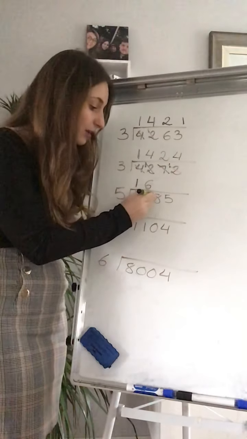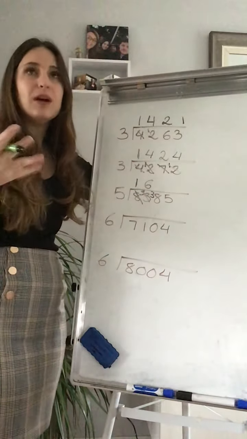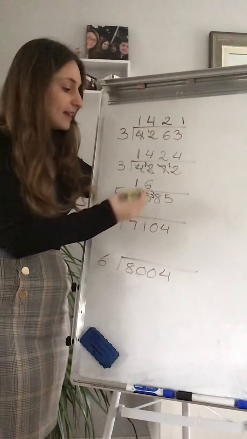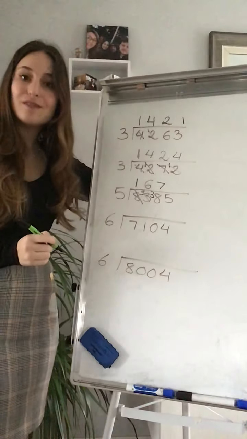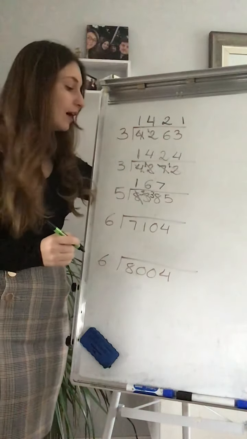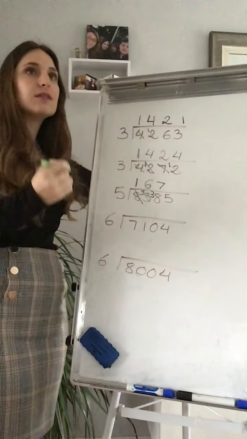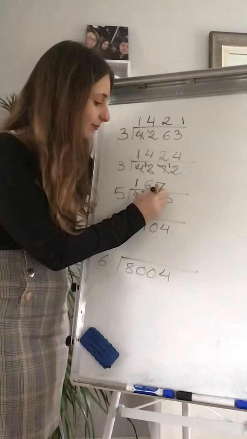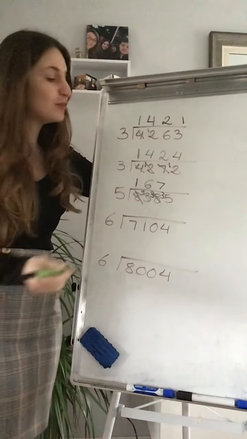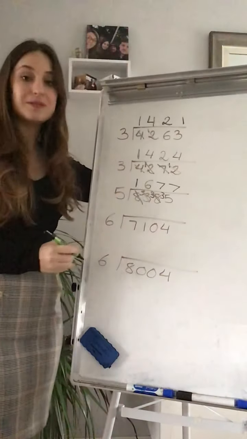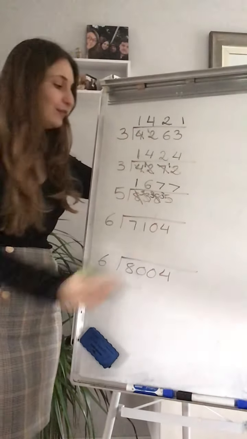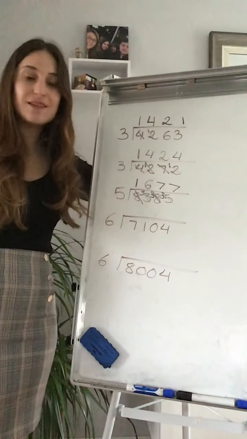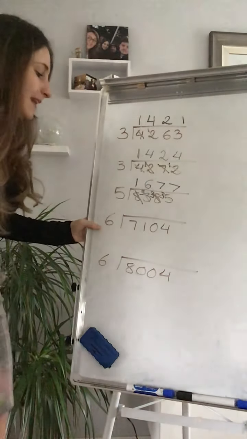And again, I need to carry 3. 38. Well, the closest is going to be 35. So 35, I get it by timing. 7 times 5 is 35. To 38. 36, 37, 38. 3. So your answer is 1677.